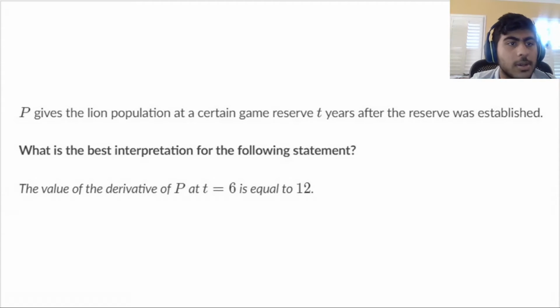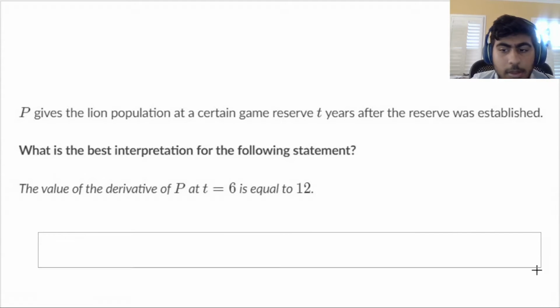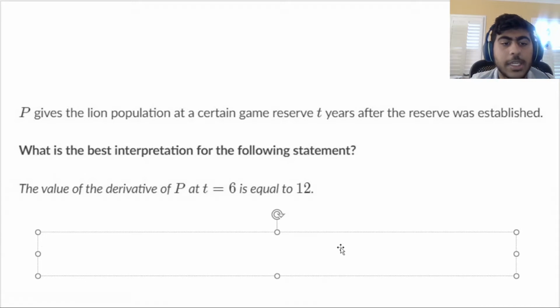Alright, let's go to this question. This is the last question of this type. Here we're told that P gives the lion population at a certain game reserve t years after the reserve was established. What is the best interpretation for the value of the derivative of P at t equals 6 is equal to 12? Let's see what we can do with this.